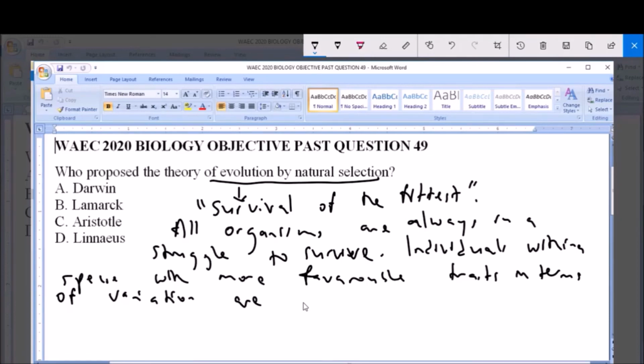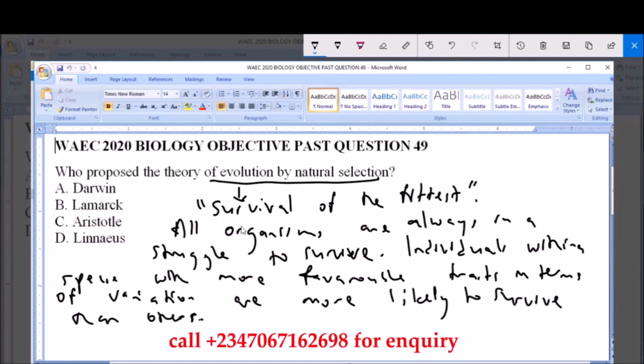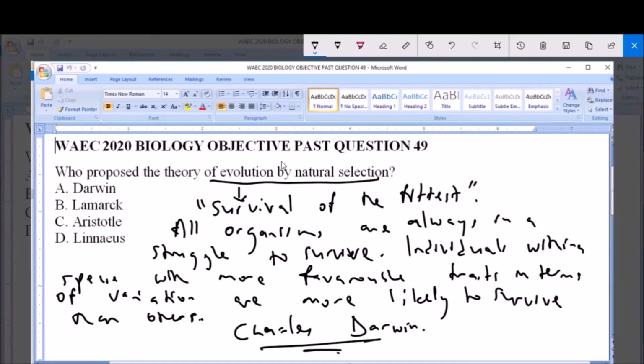So this is what the theory basically, in summary, is all about. Now it was proposed by Charles Darwin. Charles Darwin is credited with proposing the theory of evolution by natural selection, and Darwin is option A. So option A, Darwin or Charles Darwin, is the correct answer to this question.